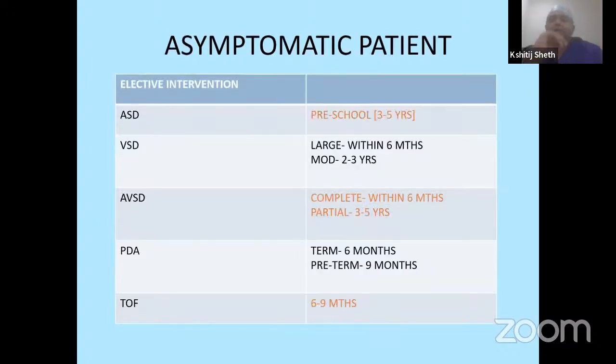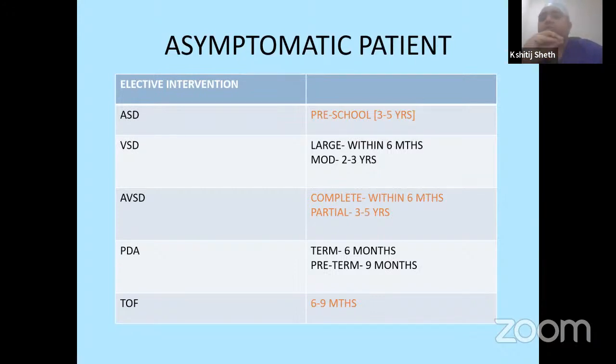If the child is symptomatic, the child requires treatment. But there are patients who are asymptomatic, like an ASD. If it is picked up early in the pediatric age group, they require elective closure by 3 to 5 years of age. The modality of closure is a separate thing, but they need to be closed by 3 to 5 years. VSD: a large VSD should be operated within the first 3 to 6 months of age.